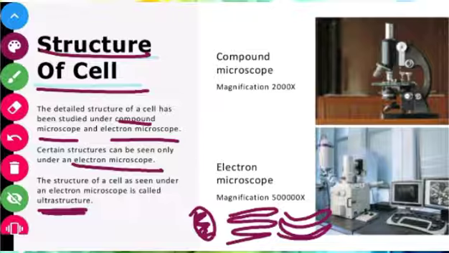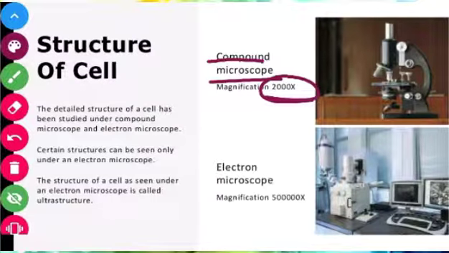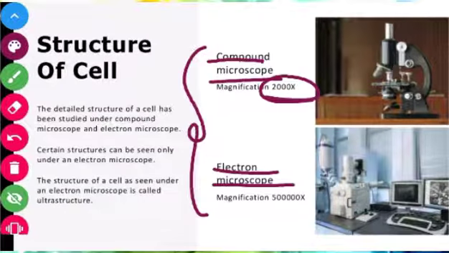Now the compound microscope's magnification is just 2000x, and the electron microscope's magnification is 500,000x. Just remember it. These two microscopes give detailed structural information about the cell.